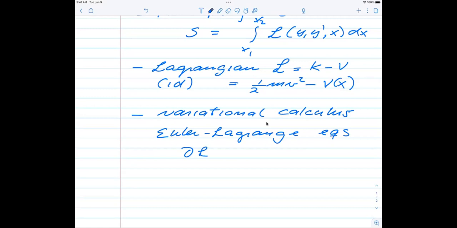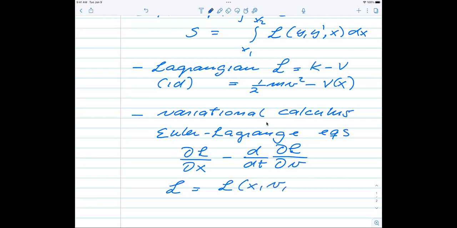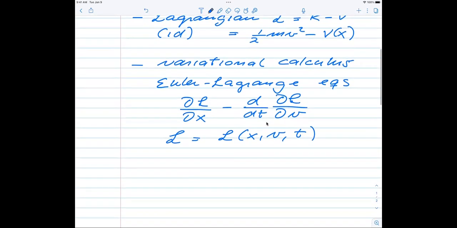If you stay in one dimension, these equations are given by the partial derivative of this function with respect to x, minus the time derivative of the partial derivative with respect to v dot, the velocity. Now we have assumed that this Lagrangian is a function of position, velocity, which is a derivative of position, and time. That's a basic assumption we've made.